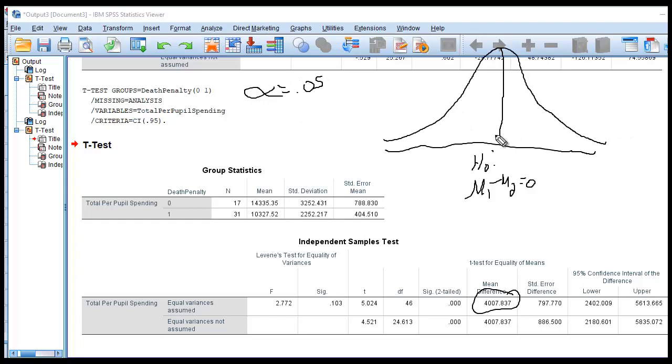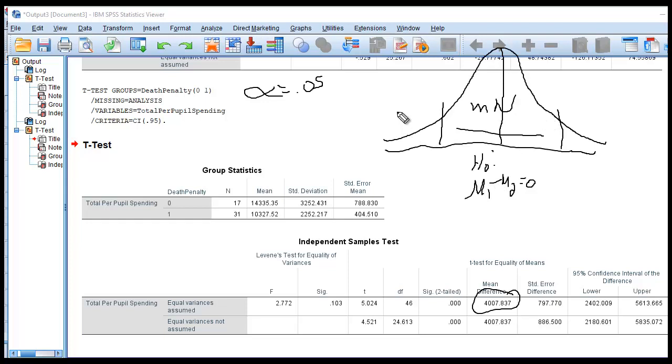So if I set alpha at 0.05, and let's say I'm carrying out a two-tailed test, testing a non-directional hypothesis, then essentially I'm drawing a line in the sand, so to speak. If I observe my sample mean difference falling within this region, then I'm going to maintain the null hypothesis and infer that the population mean differences are equal to 0.